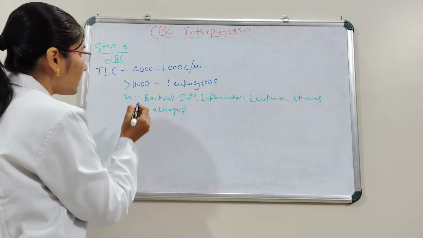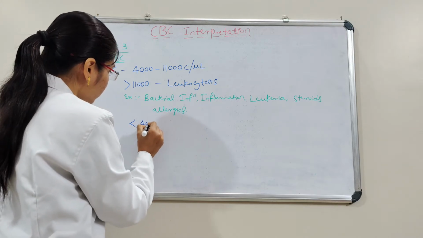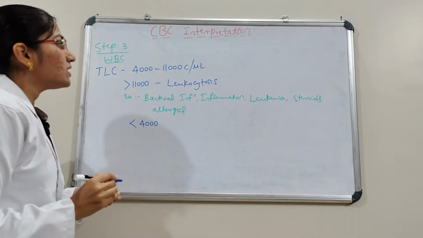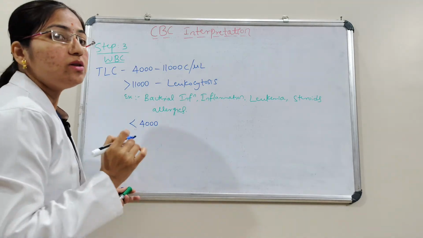And when it is less than 4,000, then the condition is called leukopenia.